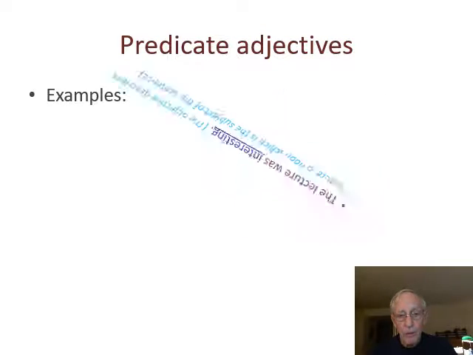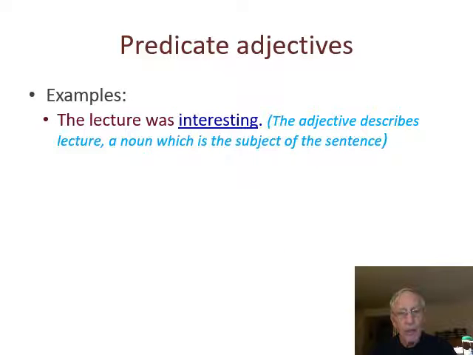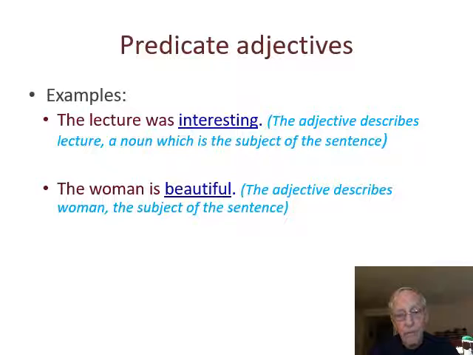Here are some more examples. The lecture was interesting. Lecture is the subject. Was is the linking verb. Interesting describes the lecture, so it is a predicate adjective. The woman is beautiful. Woman is the subject.